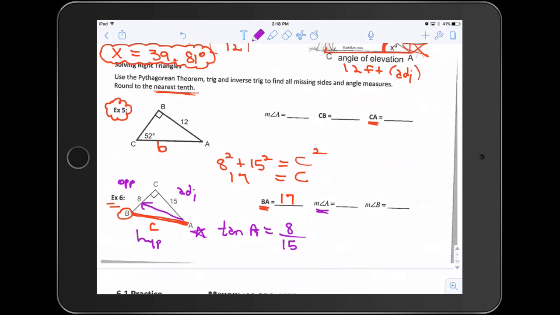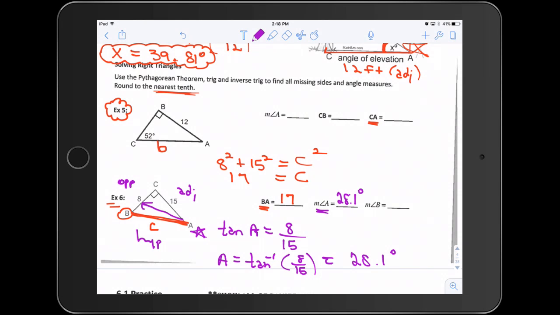Do your inverse tan on that, and you'll find that your angle measure should be 28.1, because we're rounding to the nearest tenth. So this is 28.1 degrees, and I'll put a degree symbol up there.